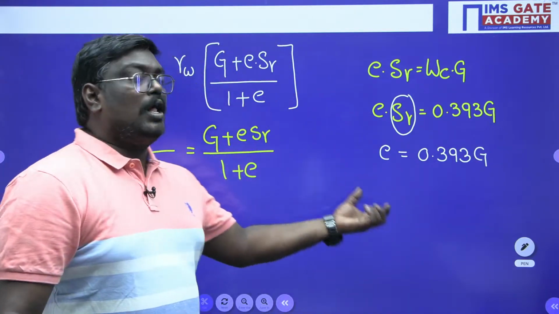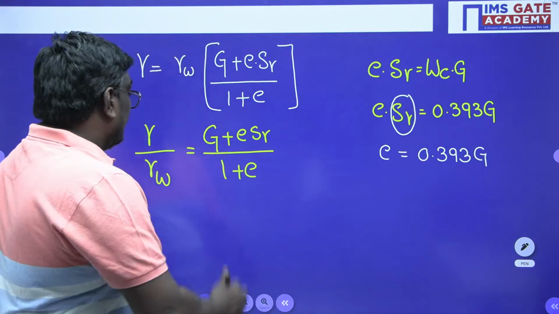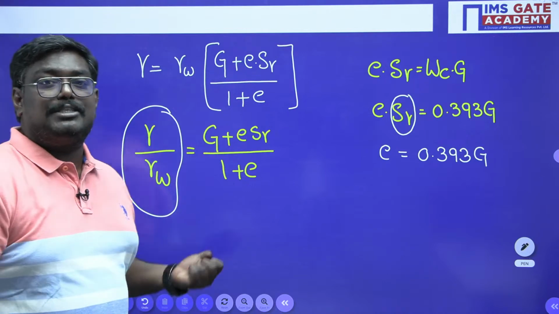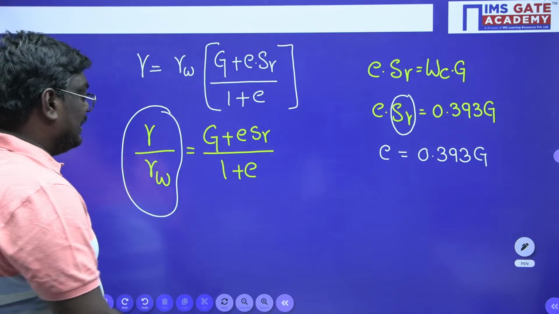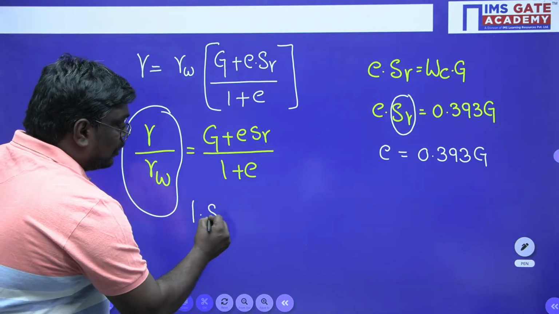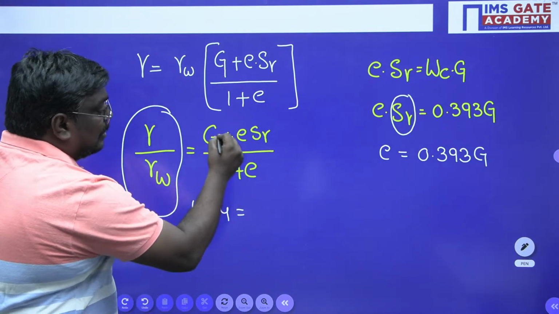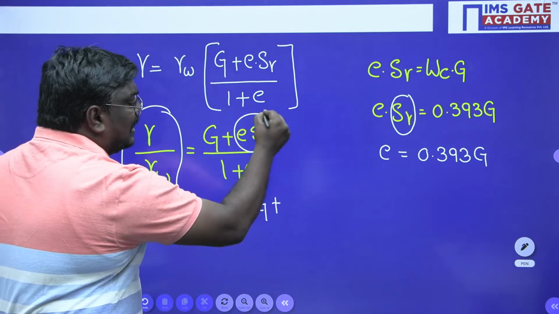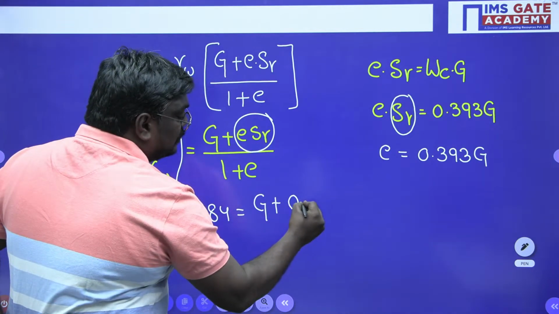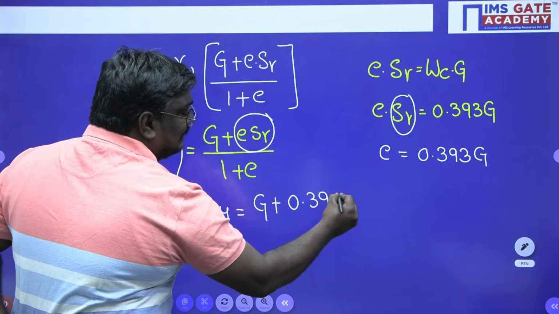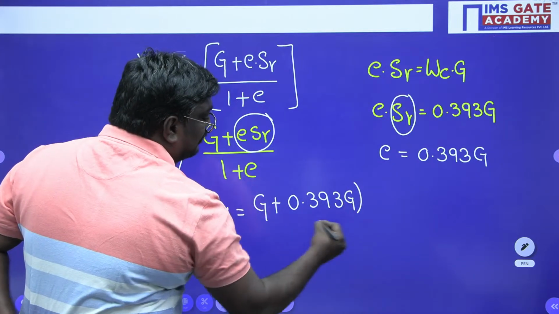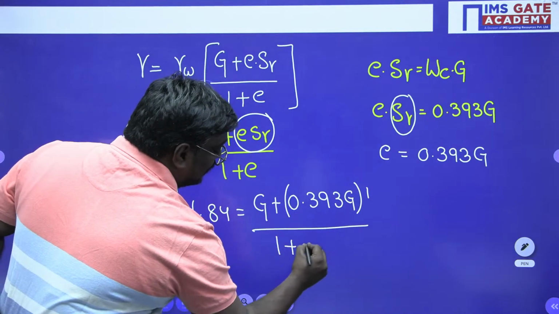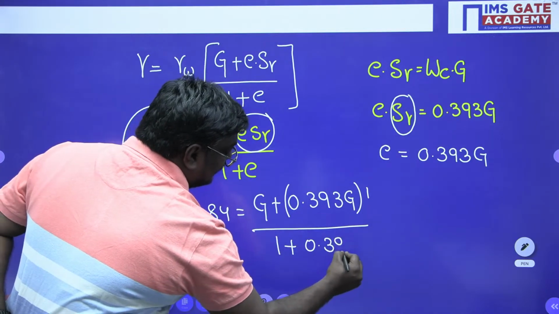If you substitute here, gamma upon gamma W is the bulk specific gravity, 1.84, and you have to find G. E into Sr is 0.393 G, with the degree of saturation equal to 1, so 1.84 equals (G plus 0.393 G) upon (1 plus 0.393 G).